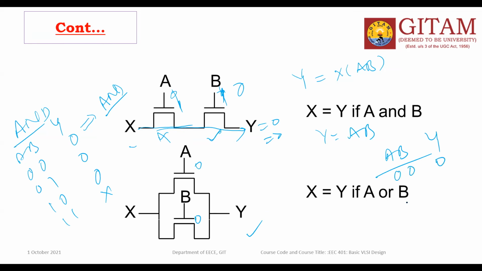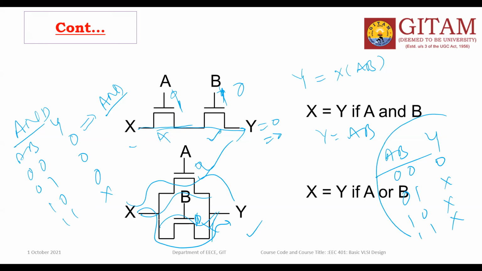If A is 0 and B is 1, this one is closed and the signal passes through, so Y is equal to X. For 1, 0, this is off, this is on, so the signal passes and the output is X. For 1, 1, both will be on and it chooses the low resistance path, so the output is X. This truth table is similar to the OR operation, so you can write Y is equal to A plus B.